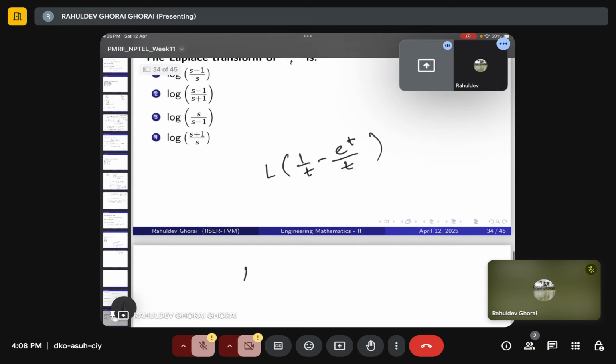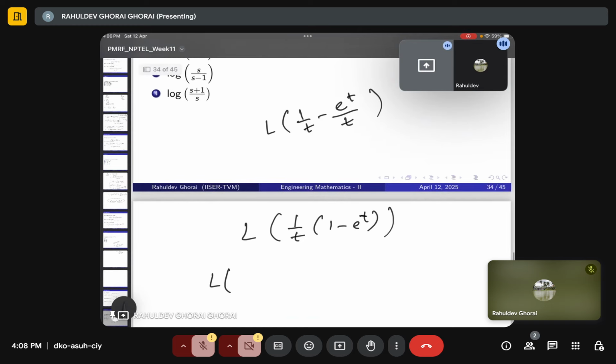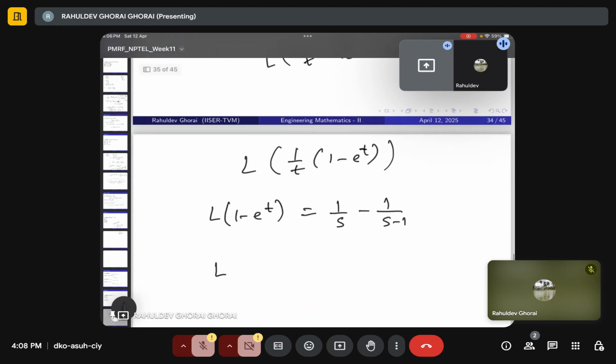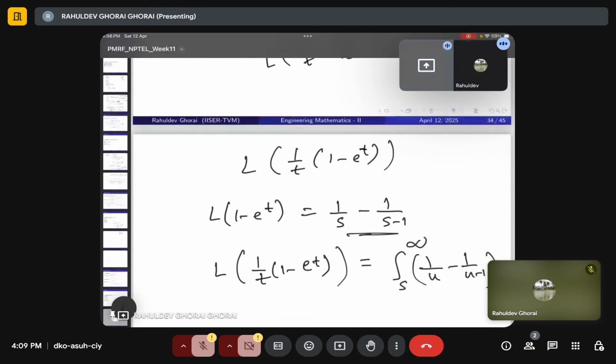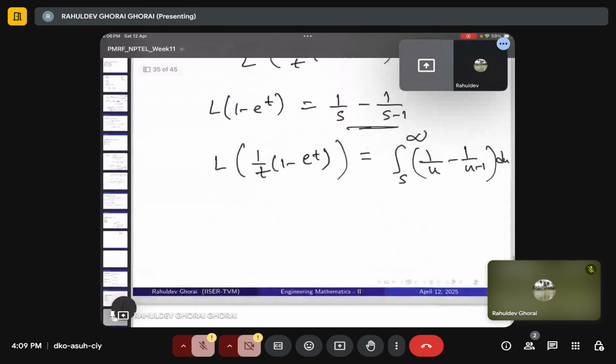So L of 1 by t times (1 minus e to the power t). So what we will do first, we will see 1 minus e to the power t. So that will be 1 over s minus 1 over s minus 1, right? Yeah. So then L of 1 over t times (1 minus e to the power t) will be from s to infinity of 1 over some dummy variable u minus 1 over u minus 1, du, right?